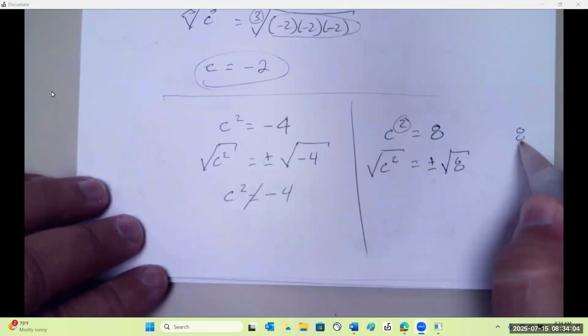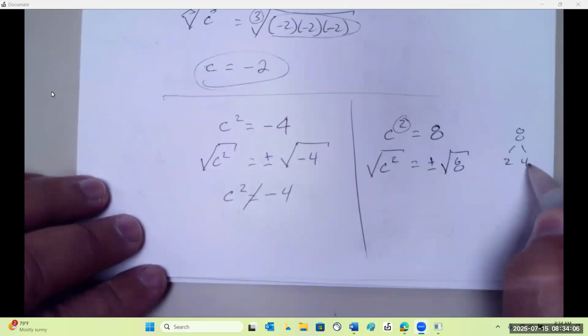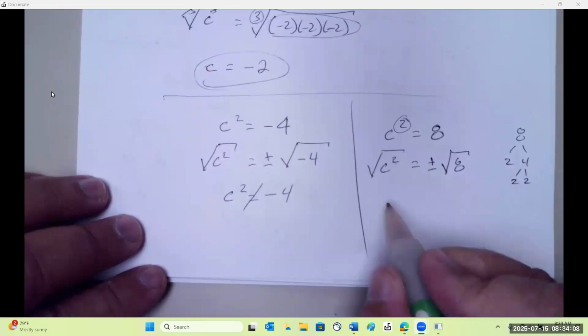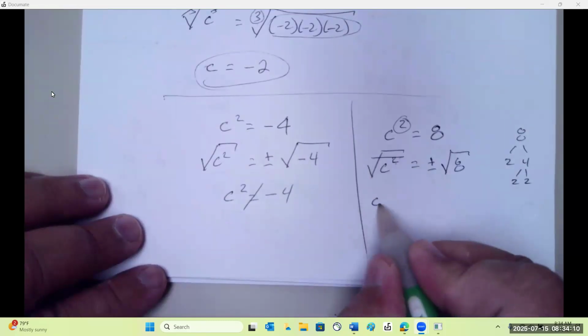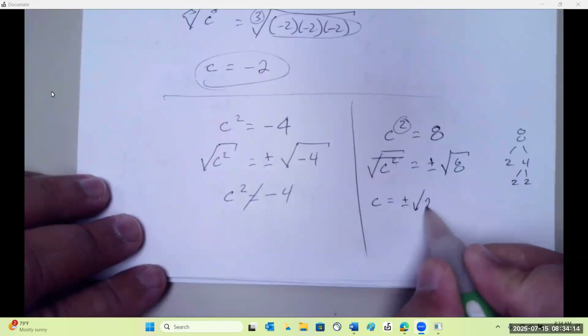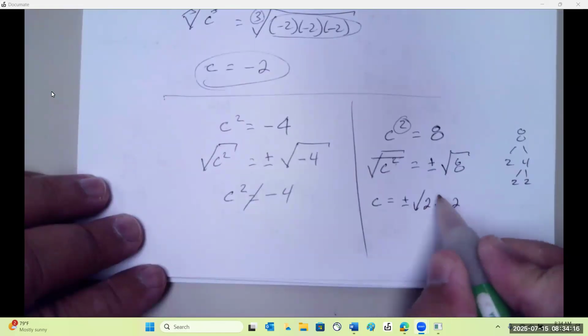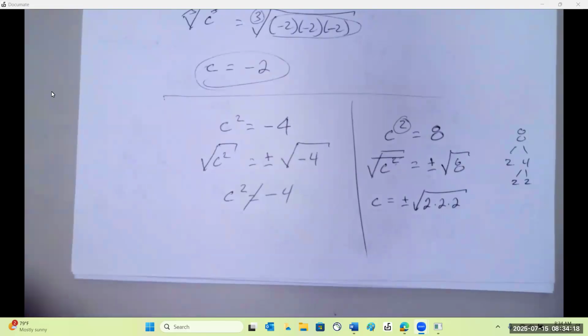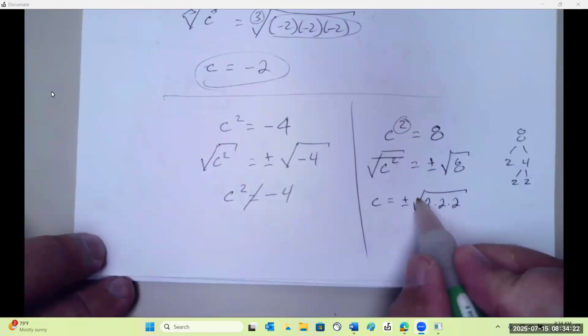8, again, we know is made up of 2 times 2 times 2. It's a square root. So what number is in front of here? What's the root?